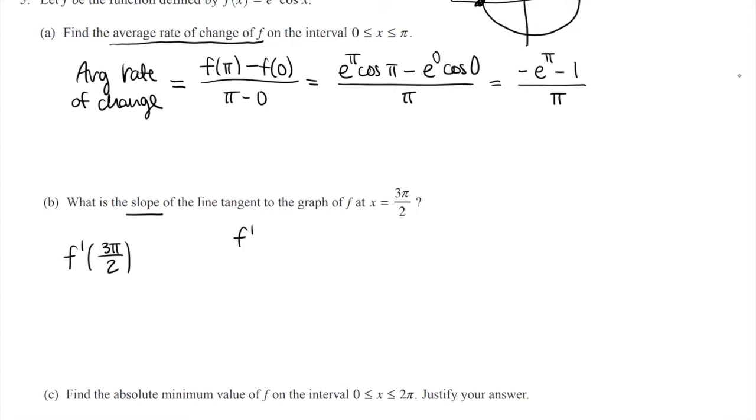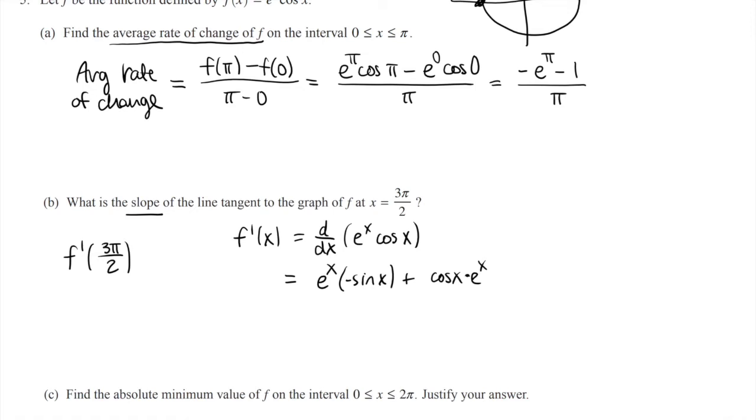So f prime of x is going to be the derivative of f, which is this e to the x cosine x. We have a product of two functions, so we need to use the product rule. So that is 1d2, the derivative of cosine is negative sine, plus 2d1, so cosine x, and the derivative of e to the x is just itself, so it's e to the x.